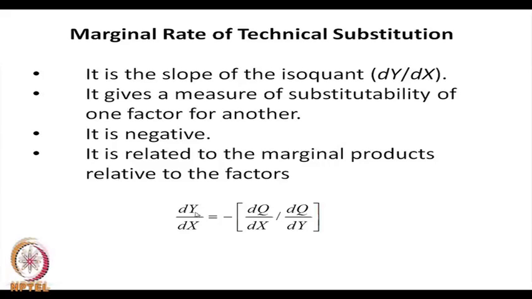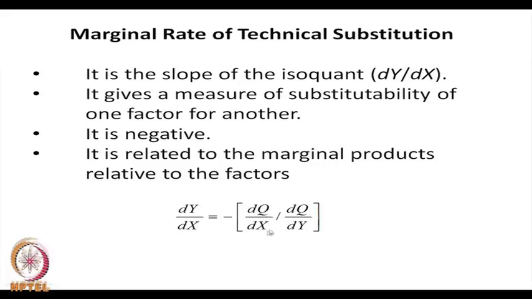dy/dx, as you can see, can be written as dq/dx divided by dq/dy. So the dq terms cancel out, dy goes to the numerator, and dx remains in the denominator. So dy/dx can be written as dq/dx divided by dq/dy, but dq/dx by definition is the marginal product, the change in q for a unit change in the value of x.